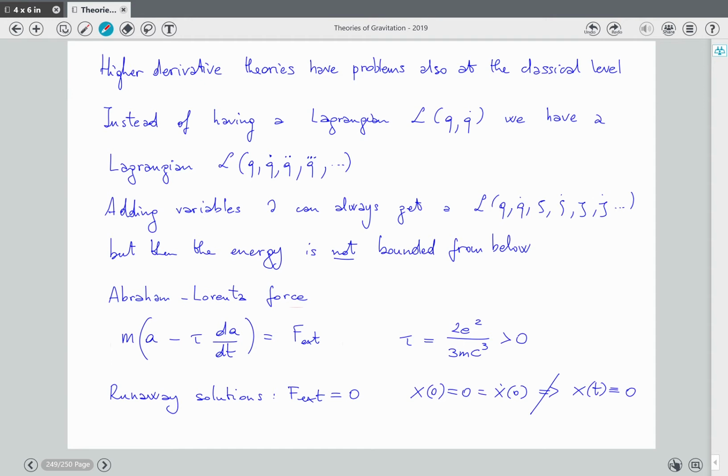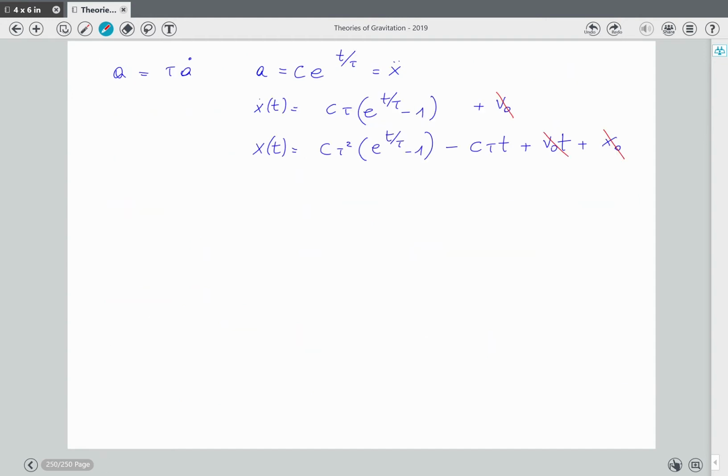So since it is an effective theory, one could not care, but in the case of higher derivative gravity, it's not an effective, it's an analogous equation that's not effective, but fundamental. So you have runaway solutions, but there is a way to get rid of them.